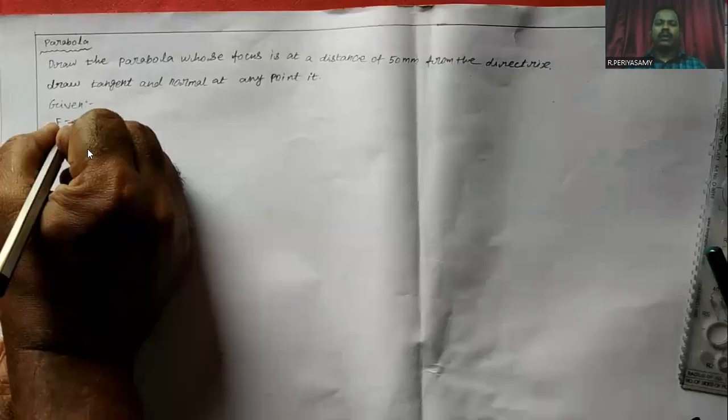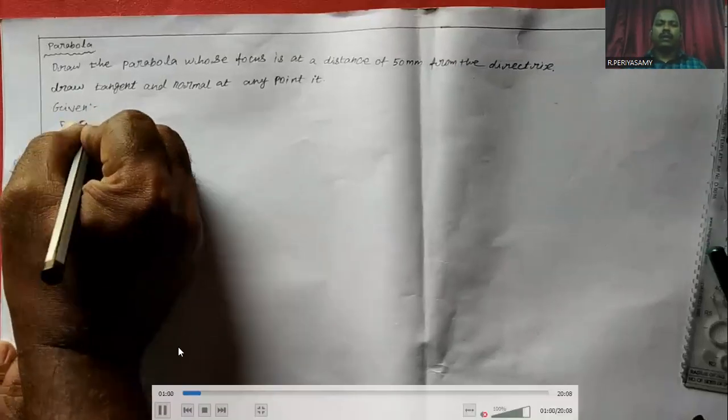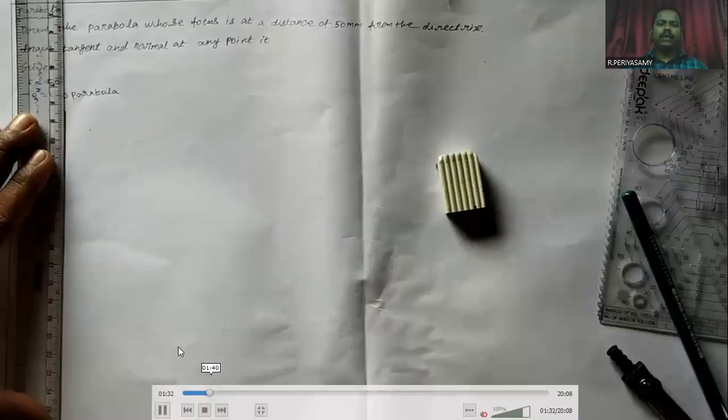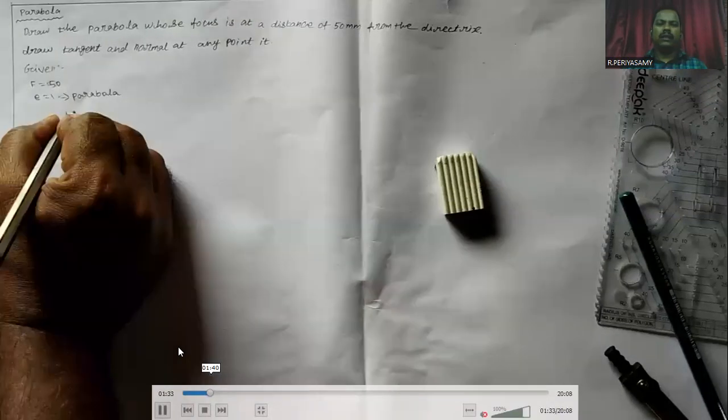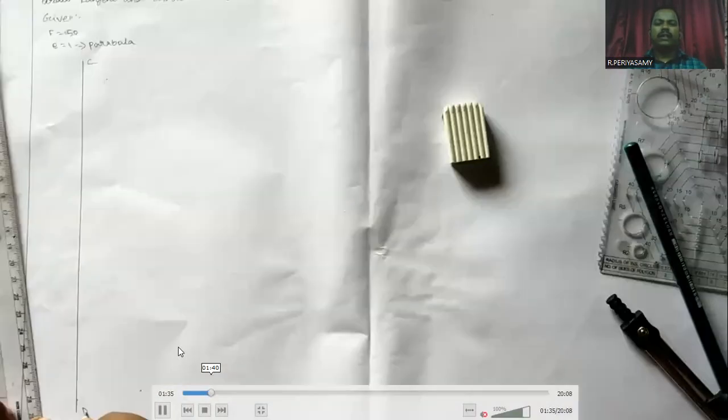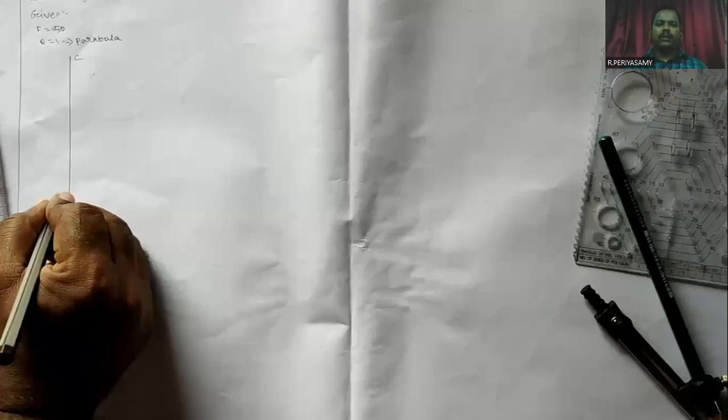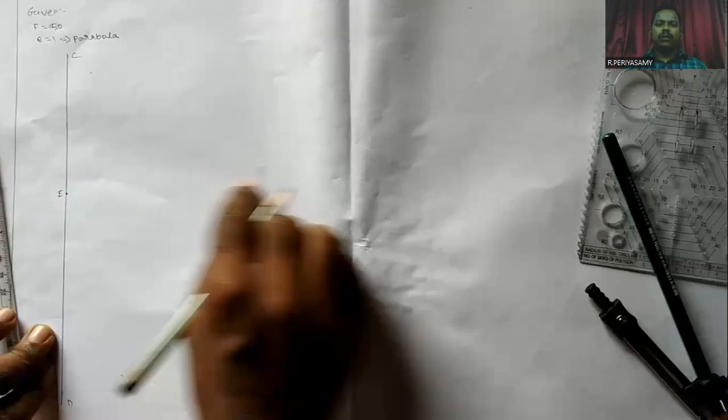In this problem, we note the given values, and then we draw one vertical line. This line is noted as CD, and it is called the directrix line. On the directrix line, we mark one point E. Then we draw one horizontal line, which is always perpendicular to the directrix line.